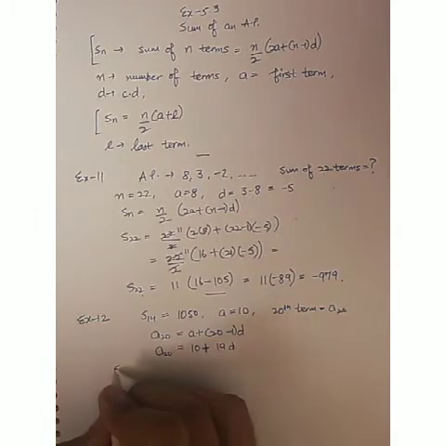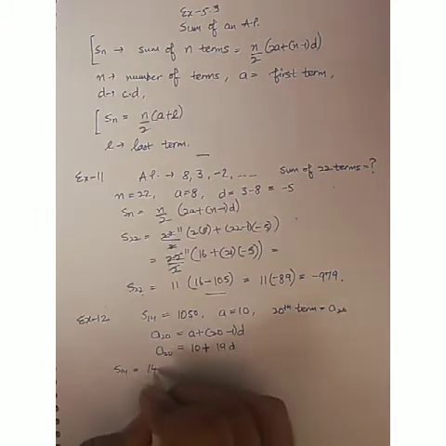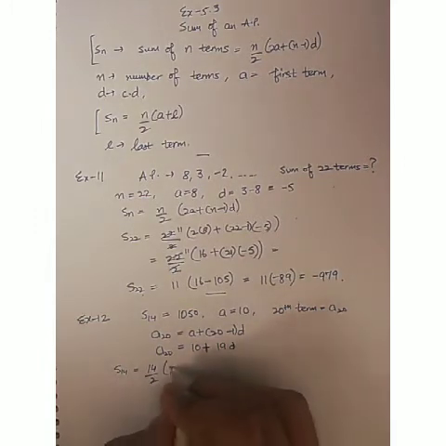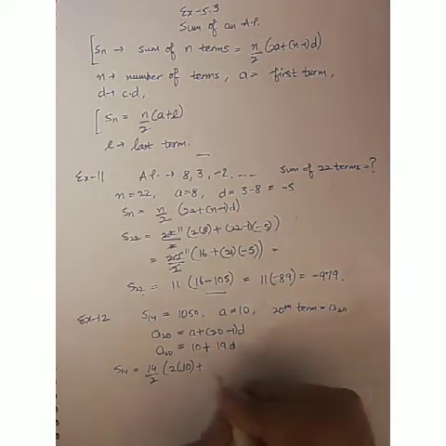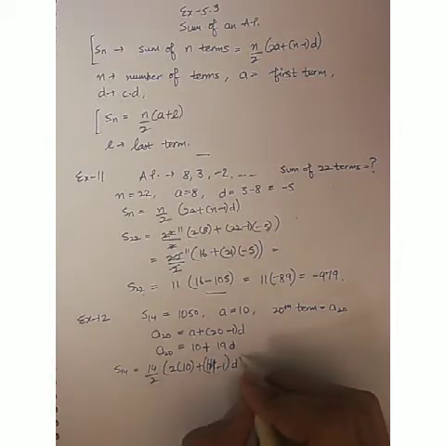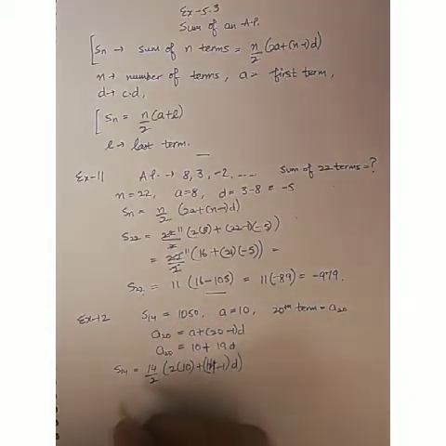Now S14 is given. What's the formula of S14? That is 14 upon 2, 2 multiply a. What is a? 10. 2a plus n minus 1. Now what is n? Here n is 14. 14 minus 1, and we don't know d. Okay. S14 is also given, so fill in the value.